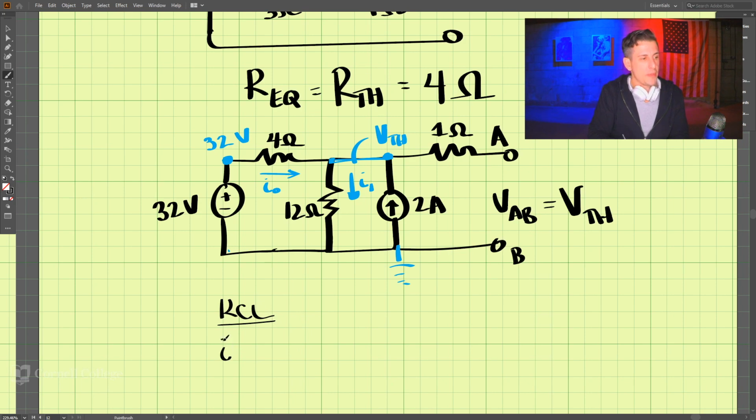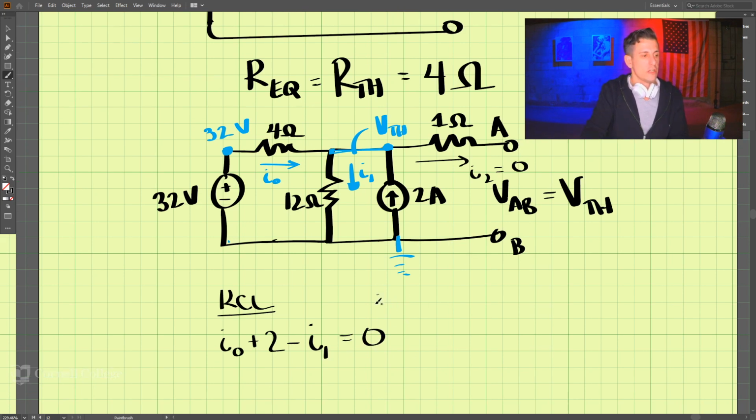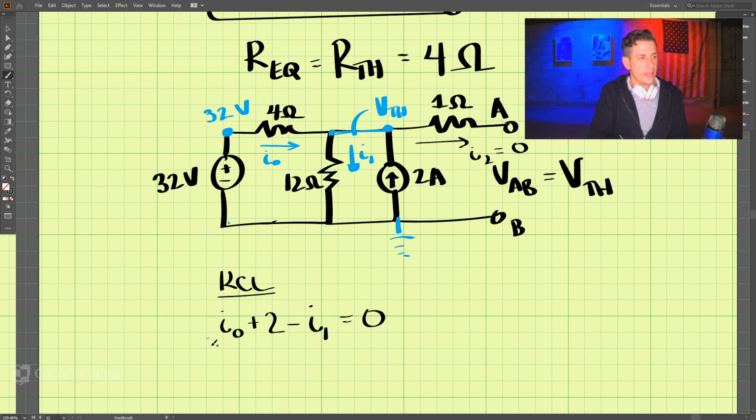So we have coming in is I naught plus 2. The 2 is going in. And going out, we have I1. And we already said that this current, if we want to call this I2, is 0. Okay? And that is equal to 0.